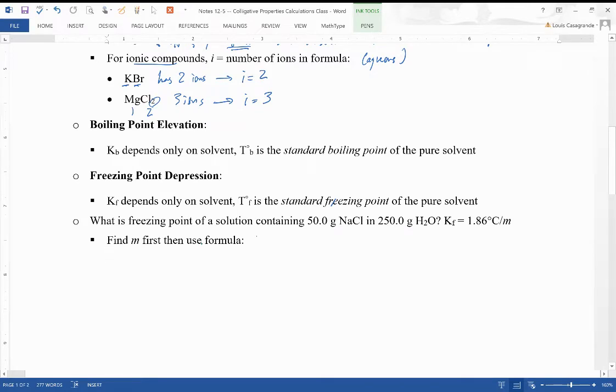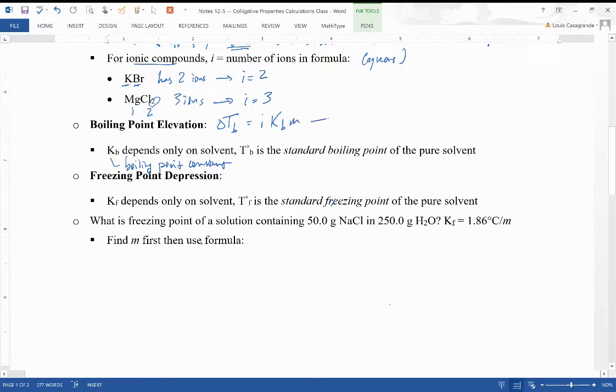The boiling point elevation calculation: delta T_B, where delta T is the change in temperature and B is the boiling point, is equal to the van 't Hoff factor i times something called the boiling point constant, K_B, and then we're going to multiply that by the molality m.